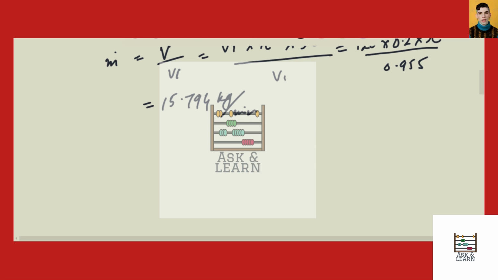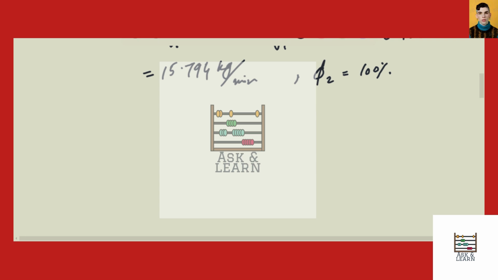So guys, next we need to repeat the calculation for the exit point. For the calculations, we will need the relative humidity, that is phi 2 is equal to 100%, and the temperature T2. So first we need the vapor pressure PV2, and from it the absolute humidity.